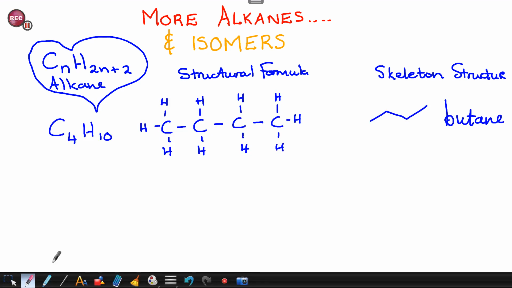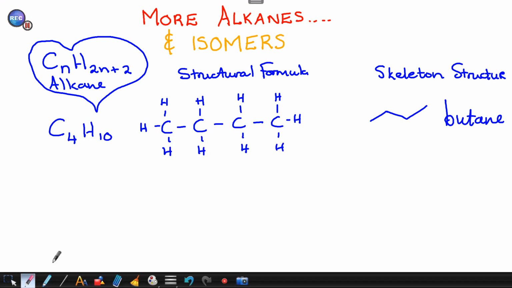Who says it doesn't look like this? Does it still have 4 carbons in it? Yes. Does it still have 10 hydrogens in it? Yes. But this molecule is a shorter, more round molecule than the one where the carbon atoms were all joined from one to the next.